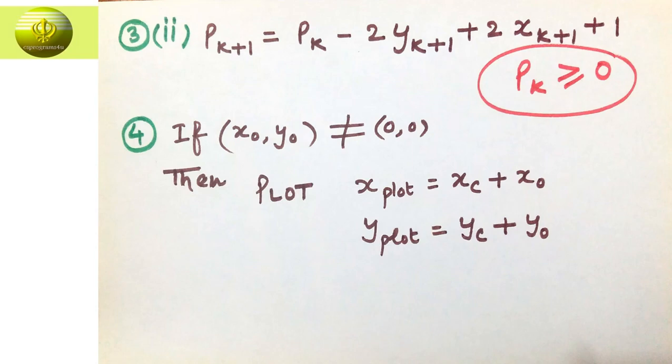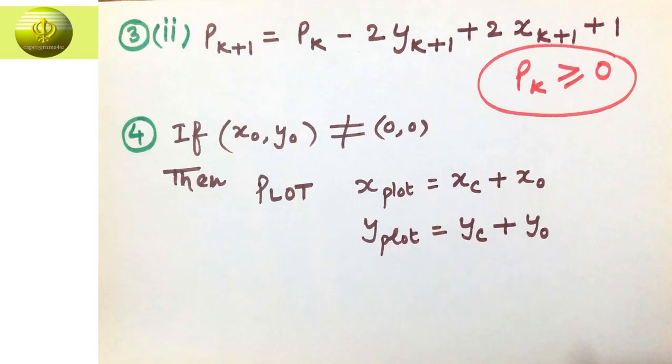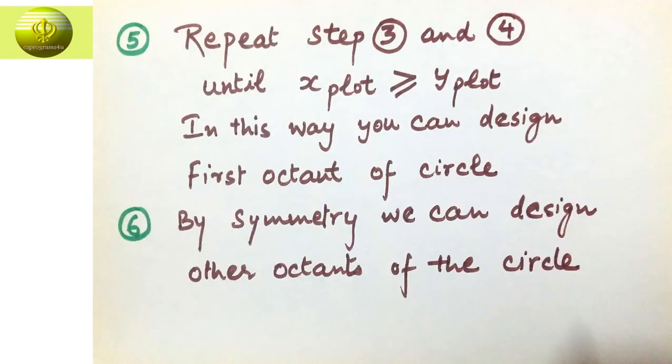Basically, we have to add the content of the new point to the previous one, that is xc plus x0 and yc plus y0. If x0, y0 are 0, 0, then we have to consider only xc and yc, that is the central point. If these values are non-zero, then we have to add the values.